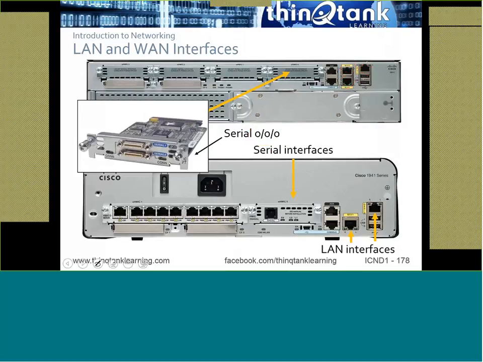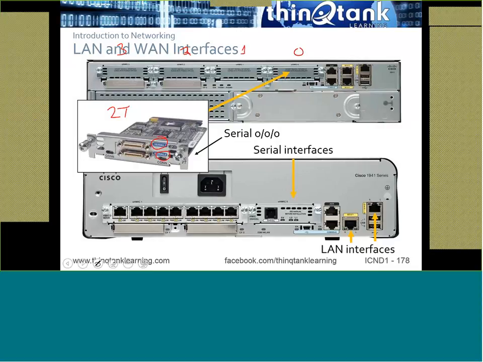It might be hard to see on the screen here, but every one of these individual slots has a number. This is HWIC 0. This is HWIC 1. This is HWIC 2. This is HWIC 3. And then there's some modules here as well. This is the HWIC 2T card. That's actually physically what it looks like. And you'll notice it has serial 0 and serial 1.